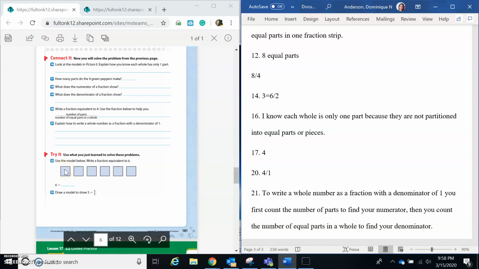Do not say 0, guys, because 0 would mean that we just don't have anything, period. This would be blank. This is 1 equal piece. So our fraction would be 6 over 1. Now they want you to draw a model to show 5 over 1, or 5 equal wholes, or 5 wholes. I think you guys can do this one, so go ahead and show me that one.